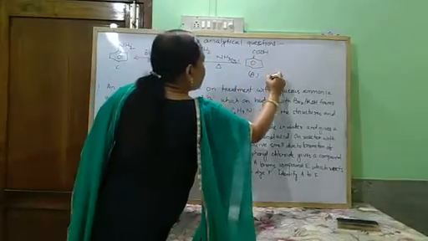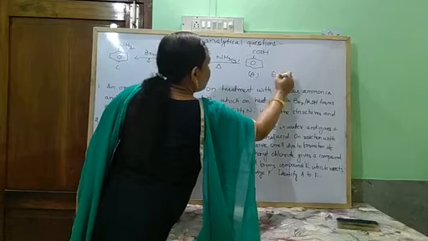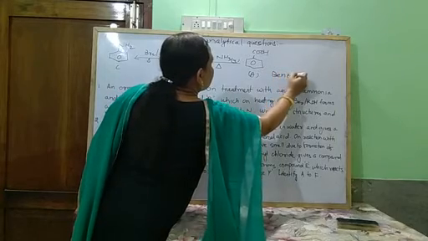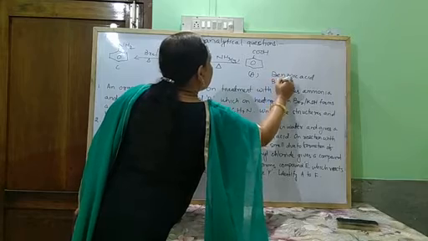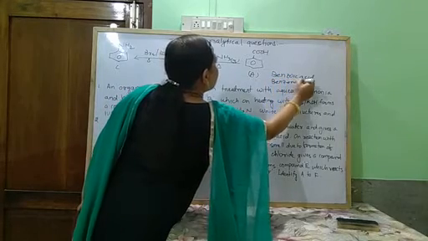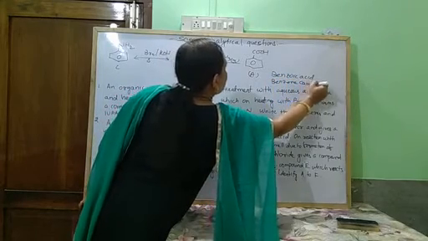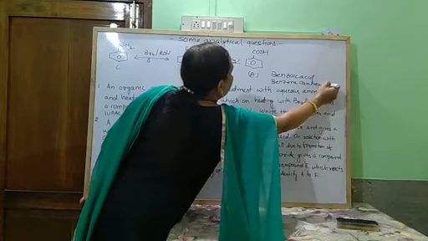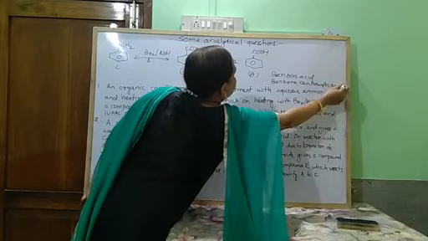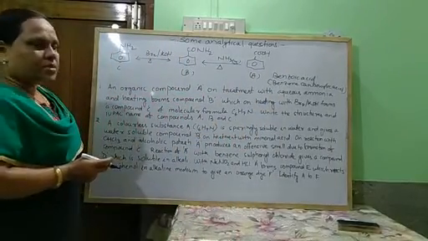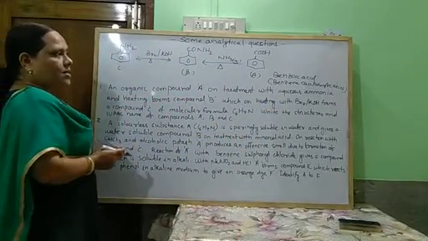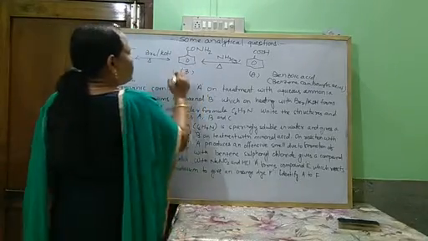What is the name of this compound? Benzoic acid, or we can say benzenecarboxylic acid, the IUPAC name, but the common name is also considered as your IUPAC name. Then what is this compound?